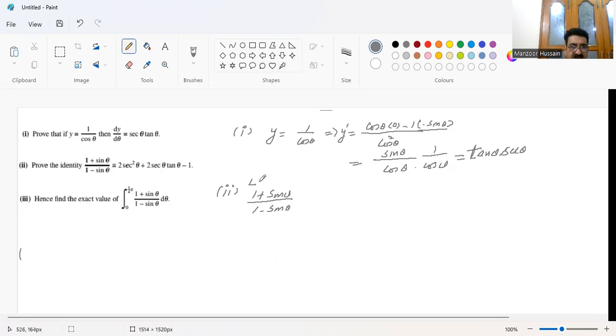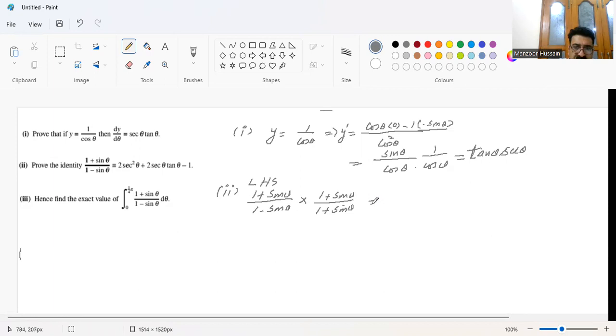I took the left hand side and I want to prove it is equal to this actually. So how can I do this? This is one of the ways: multiply it with 1 plus sine of theta and 1 plus sine of theta.